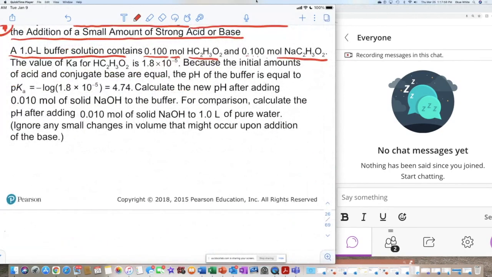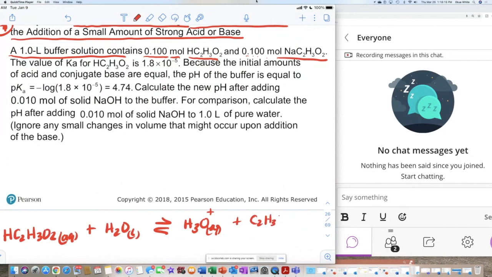So I'm going to write the equation of the weak acid, HC2H3O2 (aq) plus water, equilibrium arrows, H3O+ (aq) plus C2H3O2- (aq).